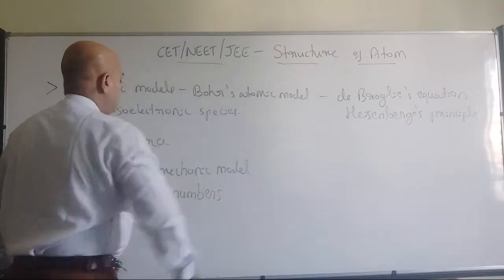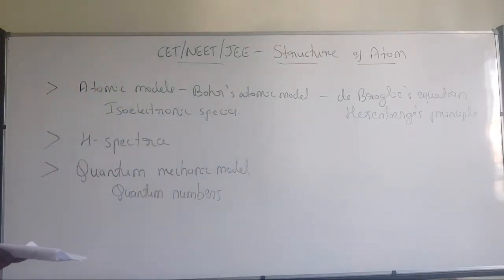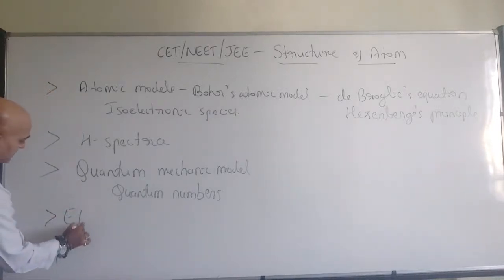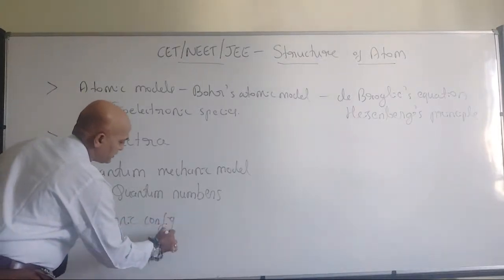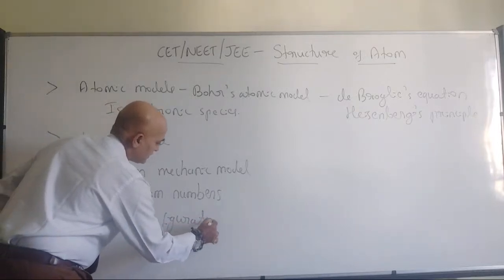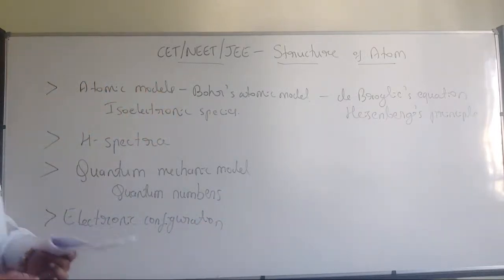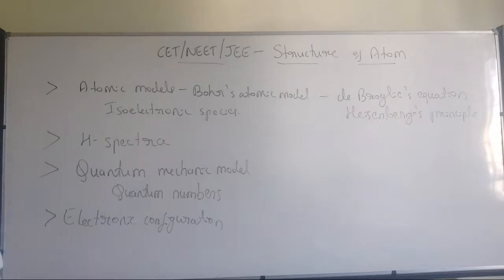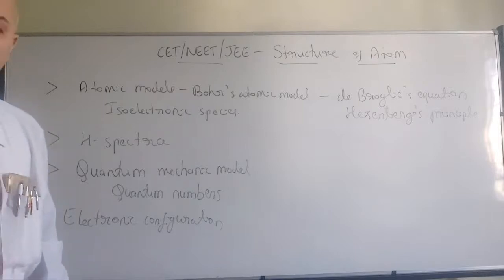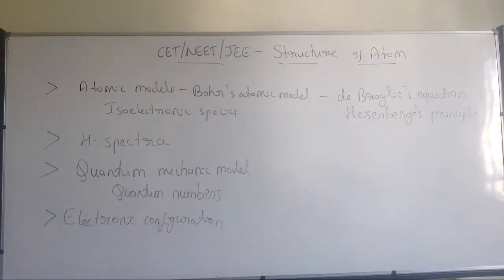So from de Broglie's equation and Heisenberg's principle, you can expect questions, and from the quantum numbers also. And finally, electronic configuration. Please remember, related to electronic configuration you can expect a question, for the board as well as the competitive exam. They can give any atomic number along with options, and you should be able to find the appropriate answer.